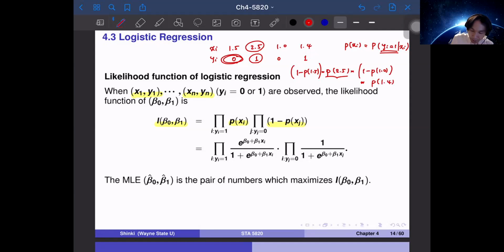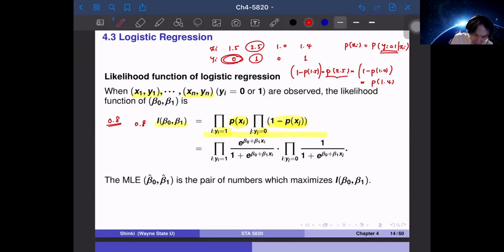And in general, if we have n observations, the likelihood is written as this. If yi is equal to 1, we multiply the p of xi. And if yi is equal to 0, we multiply 1 minus the p of xi. So if the predicted probability is 80% and it actually happens, then it's correct in some sense, 0.8 correct.